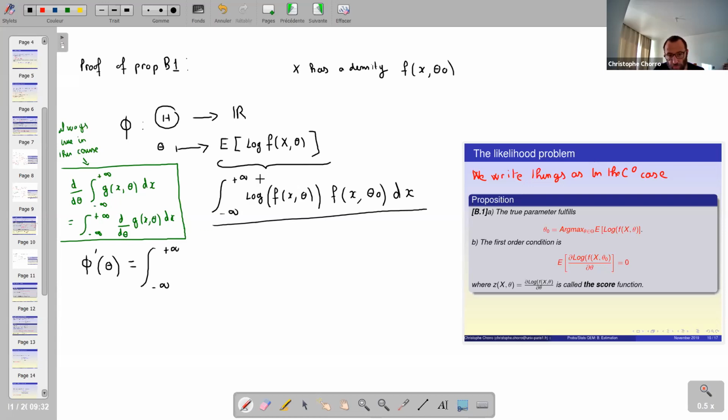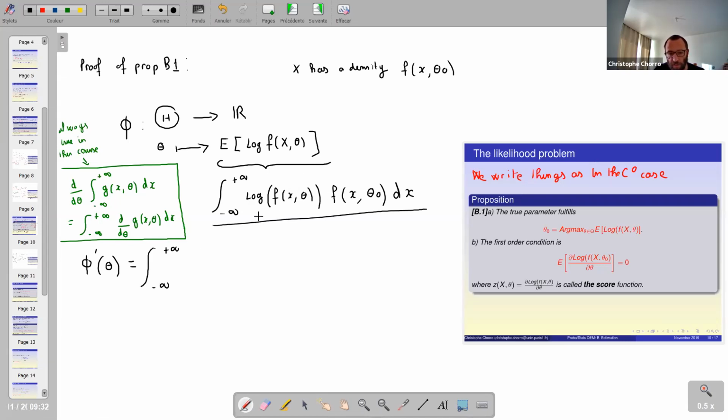So I have to compute the derivative of this quantity here. And I know that the derivative of the logarithm of u is u prime over u. So I can write it this way.